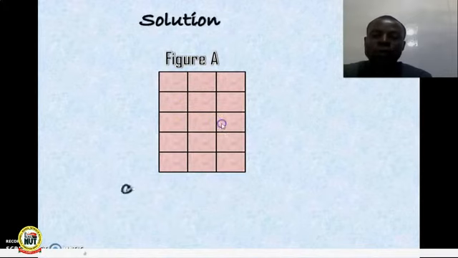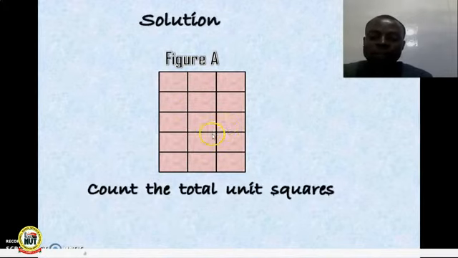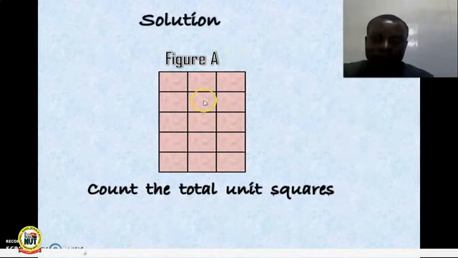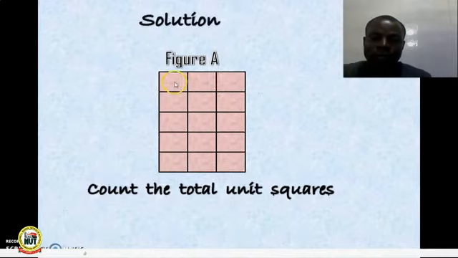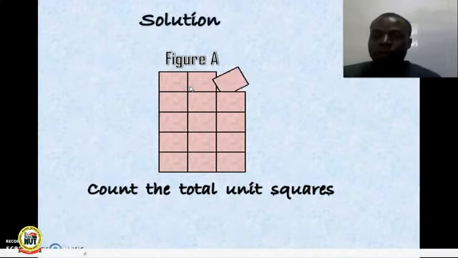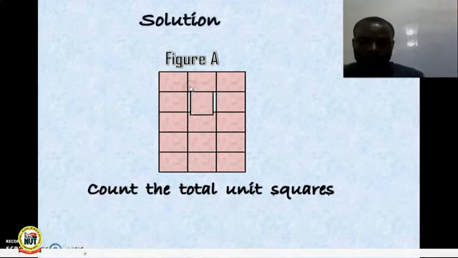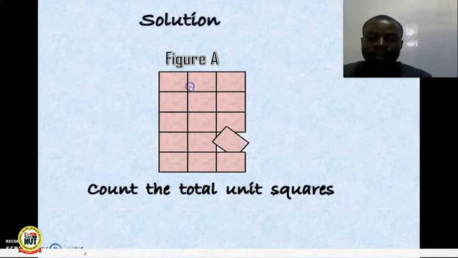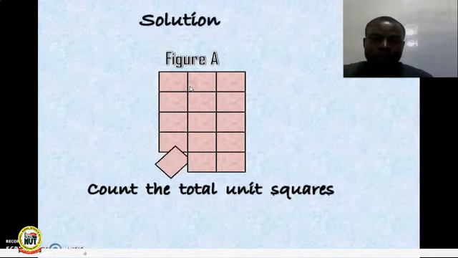So what we are going to do now is to count the total unit squares that you have as far as this figure is concerned. So let's quickly count. 1, 2, 3, 4, 5, 6, 7, 8, 9, 10, 11, 12, 13, 14, and 15.